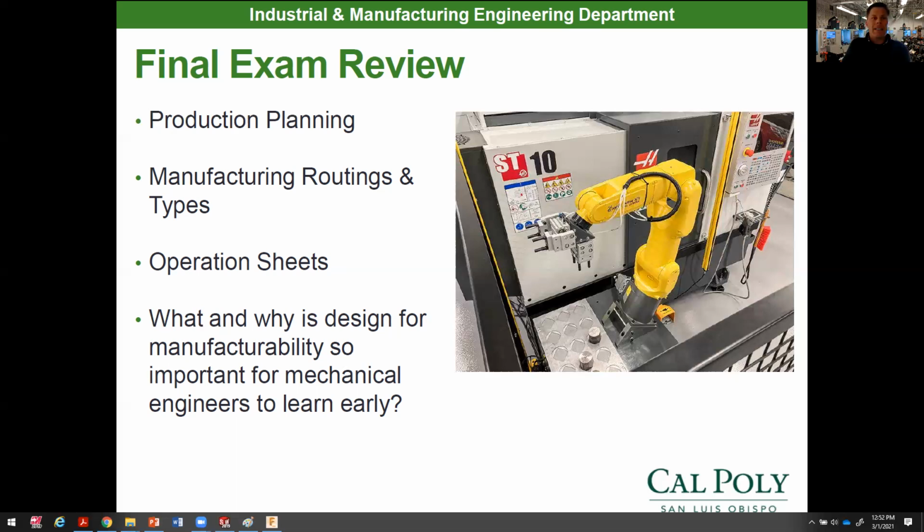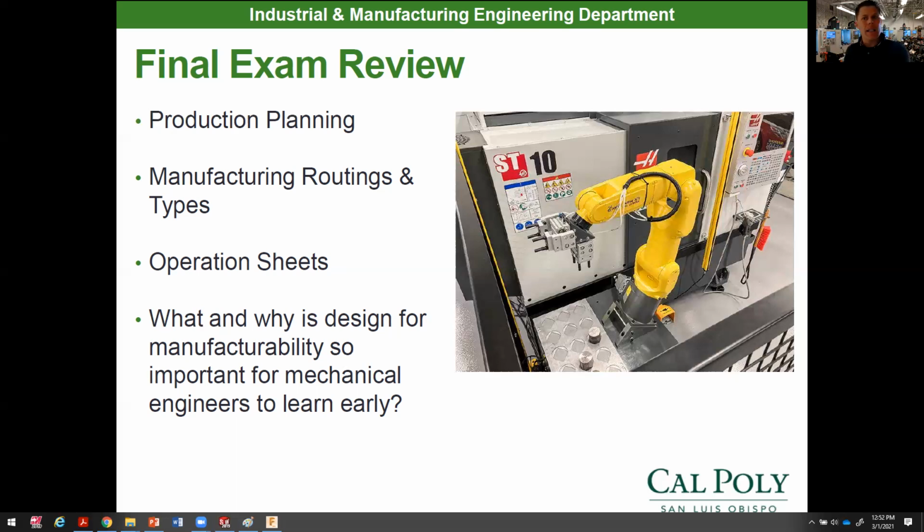A standard routing is where you go from this step to this step to that step in order. Some of the steps were parallel, where I could switch them up. In fact, I could engrave the logo on the side of the part pretty much at any time, technically, after I get it sized. So that would be an example of a parallel one.